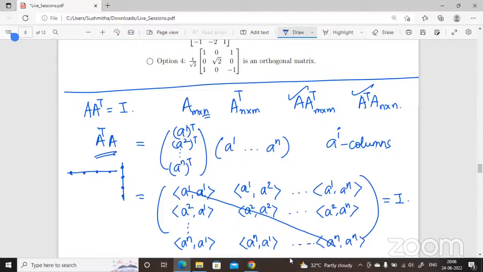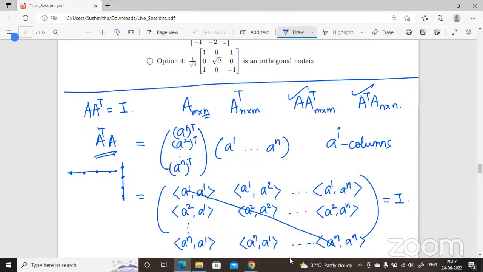Now, first column of A transpose multiplied with first row of A? No. How do you do matrix multiplication? The first row of the first matrix is multiplied with the first column of the second matrix. But here we have taken the first column, ma'am. Why, A transpose into A?